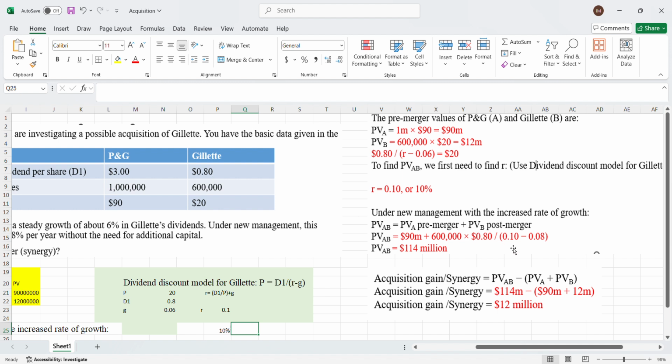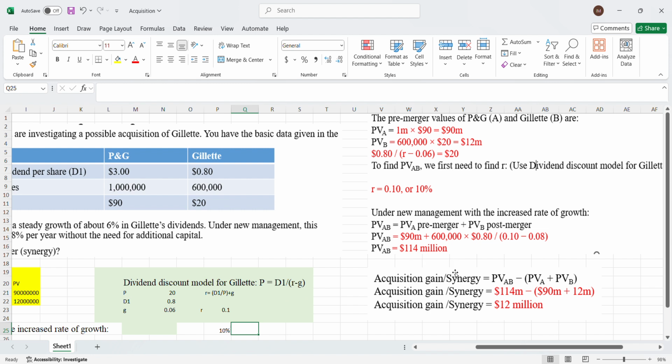For the price you can see the formula: price equals D1 divided by R minus G. So our new R is 0.10, and we subtract the growth rate, and we get a total of 114 million for the post merger.